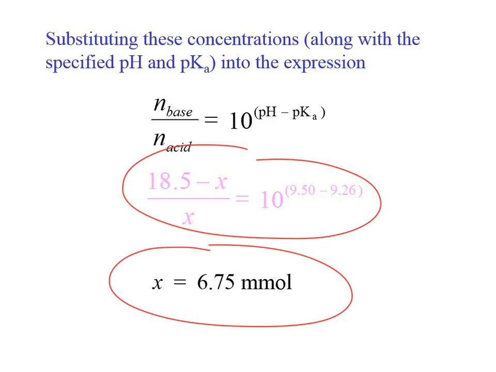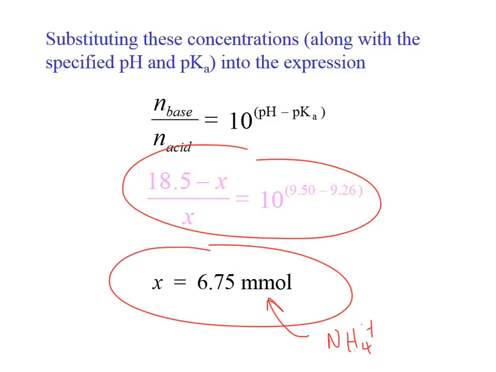But rounding to three significant figures, that's the millimoles of HCl you need. Oh, sorry. Well, kind of. That's the millimoles of NH4+ that are produced.